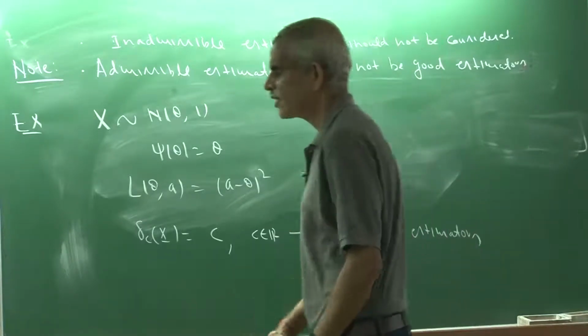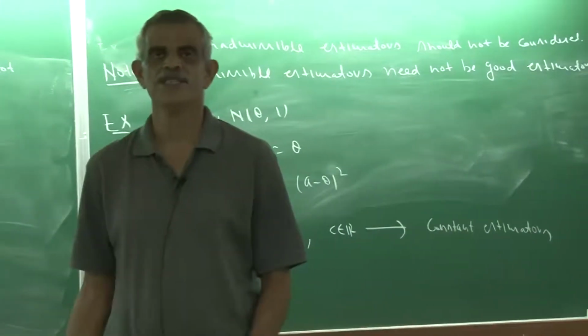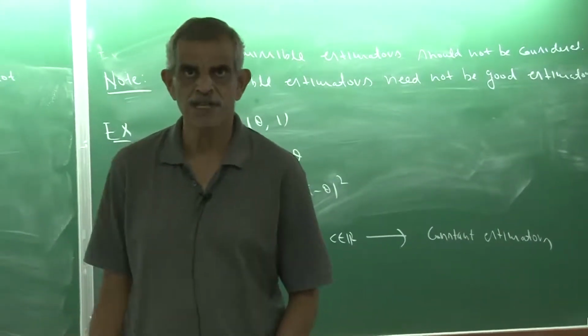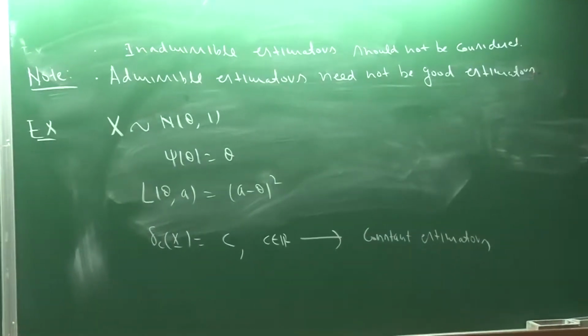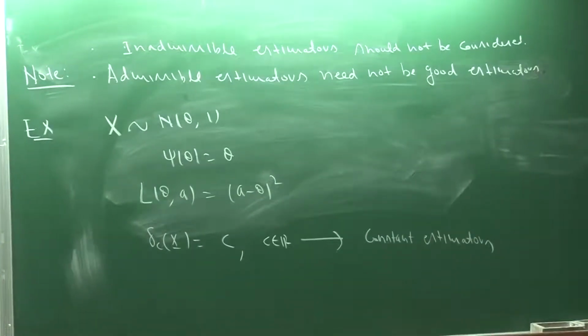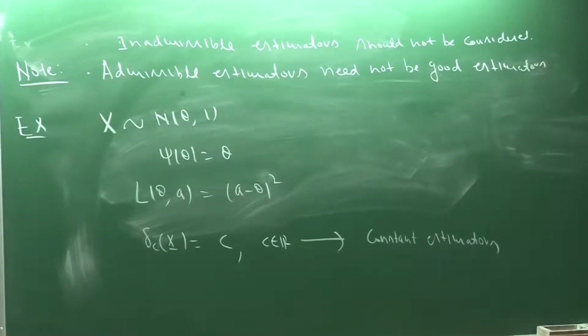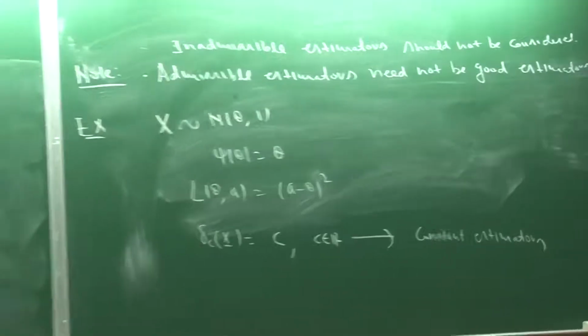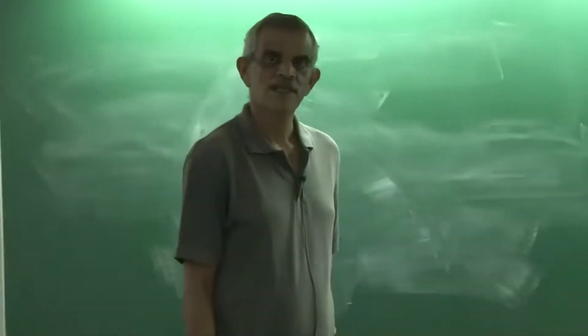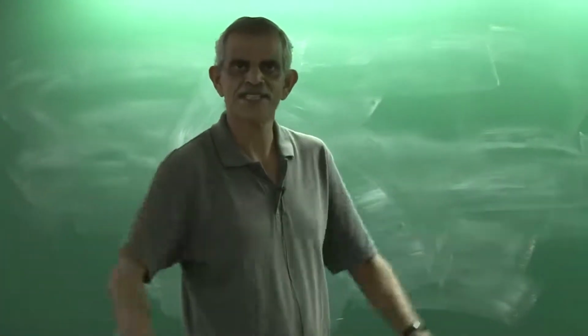What I am going to claim is any constant estimator is admissible. And that would suggest that just by looking at admissibility, one should not consider that estimator. An example is constant estimators, which are admissible, but a constant estimator says you don't even consider data.